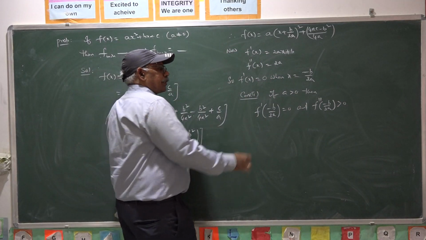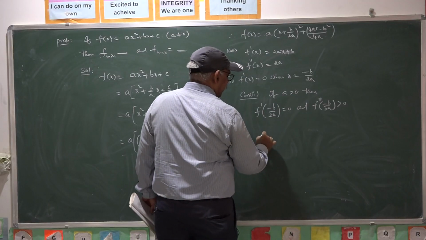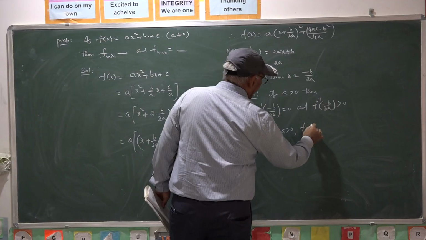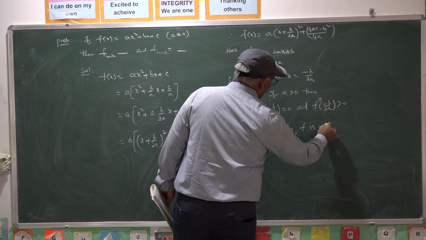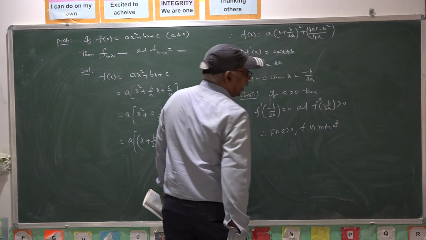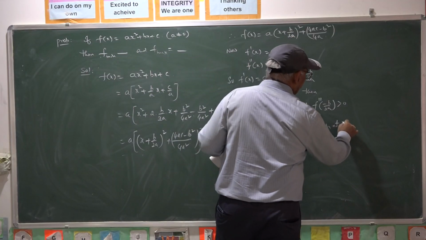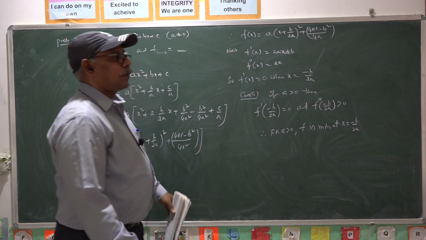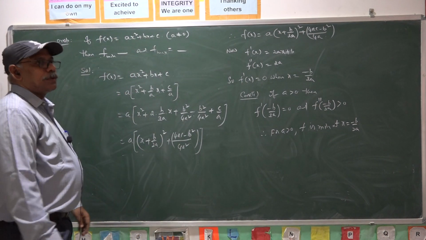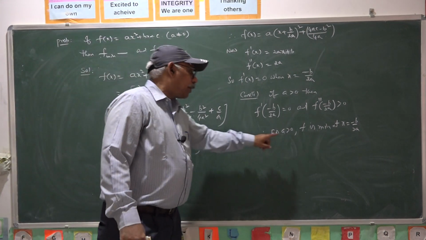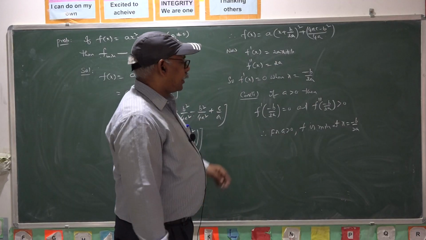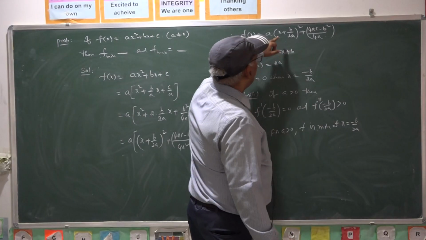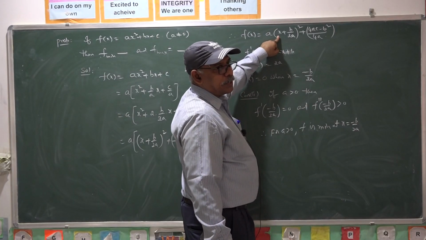Therefore, for a greater than 0, f is minimum at x = −b/2a. That is the condition.